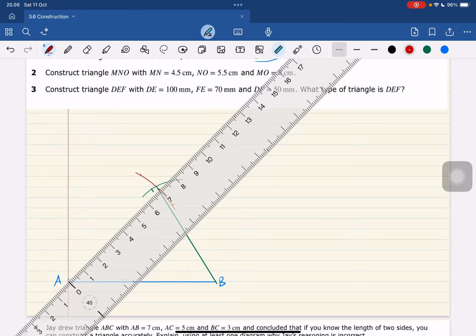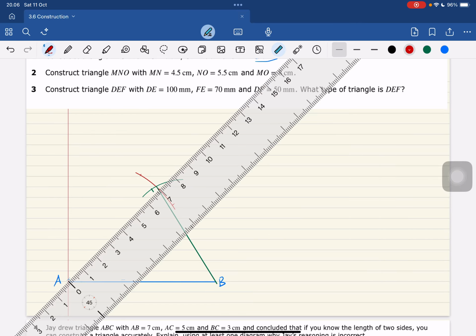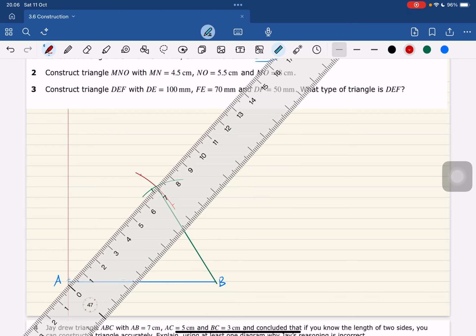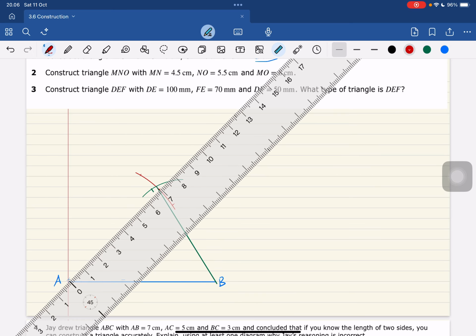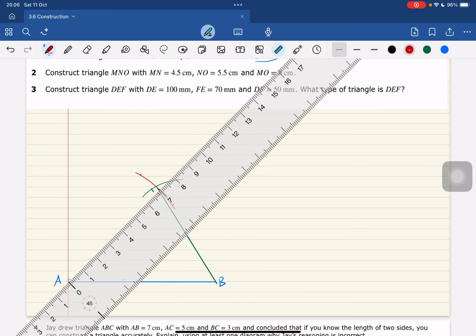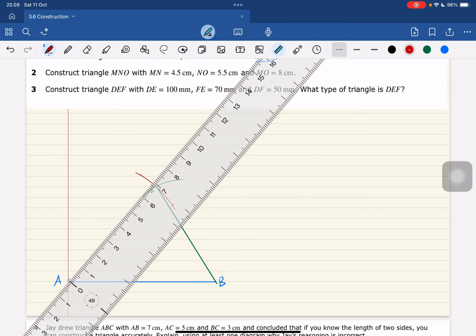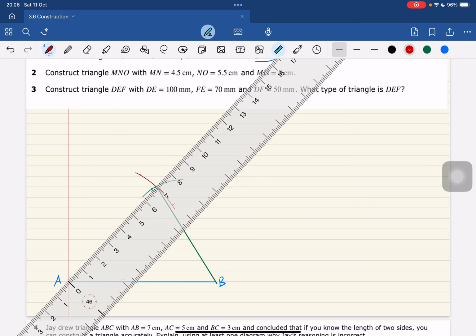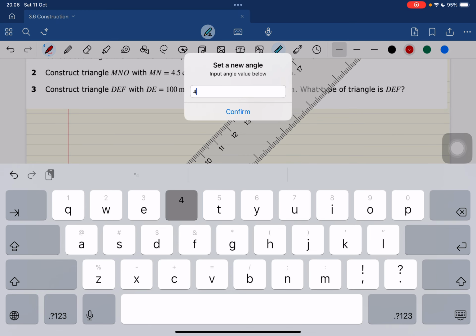Yeah, it's quite high, I'm sorry. Okay, 7. Not 45 degrees, so it's six.